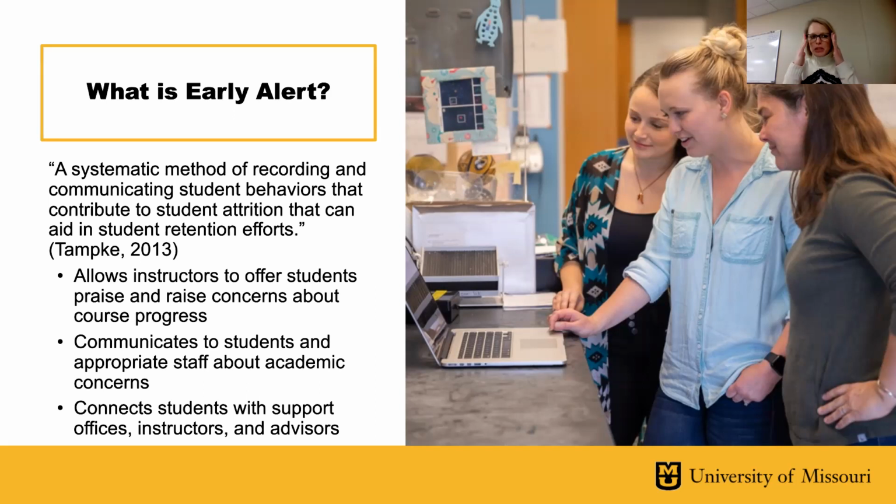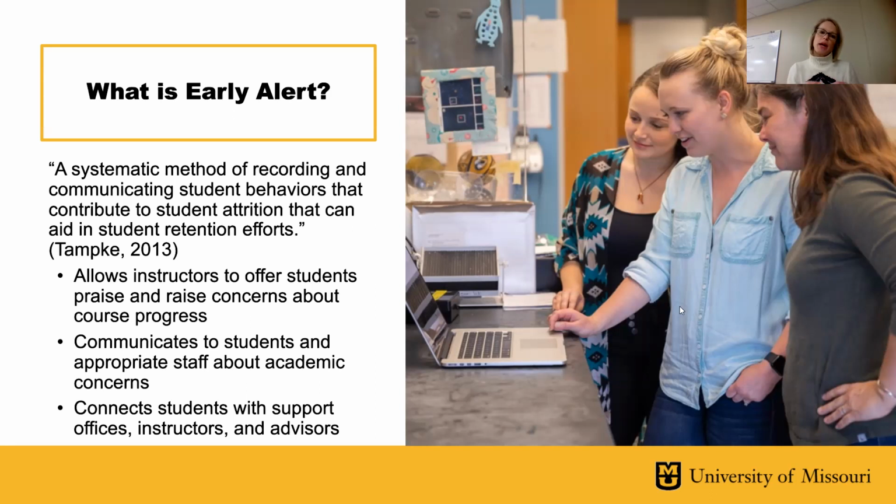Early alert is really just a systematic way of recording and communicating about student behavior in the classroom. It provides faculty and instructors an opportunity to offer students praise, like a virtual high five if things are going well in the class, or raise concerns if maybe they're not making progress in the course.